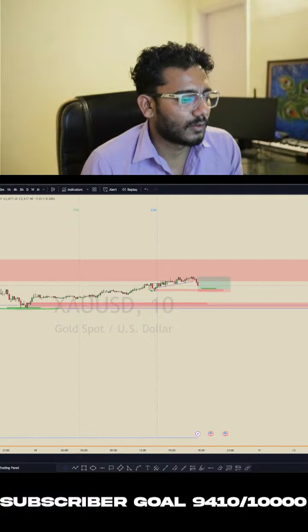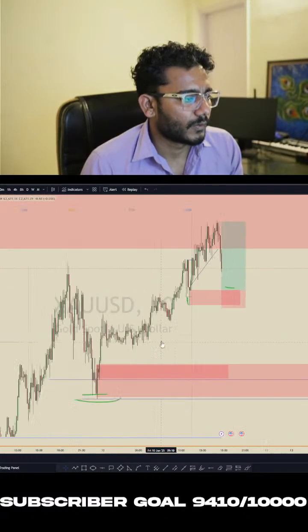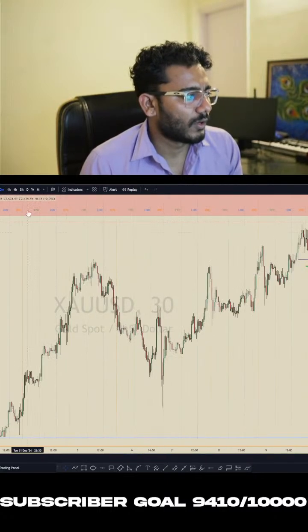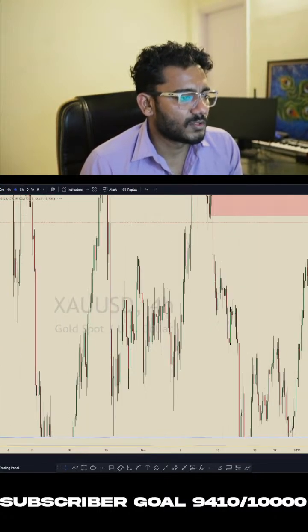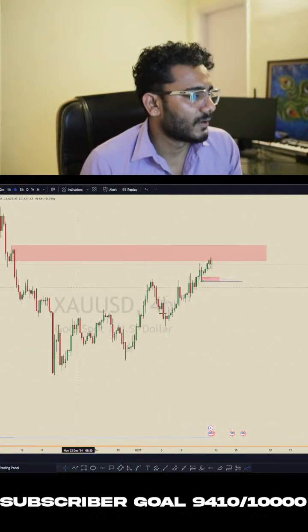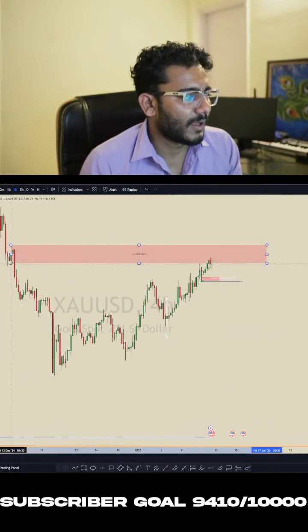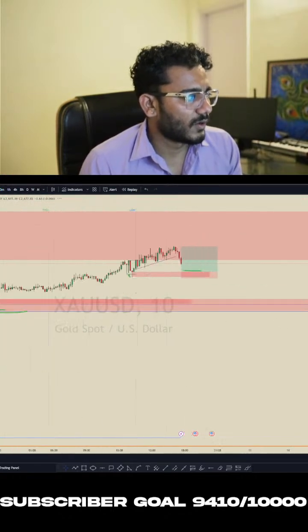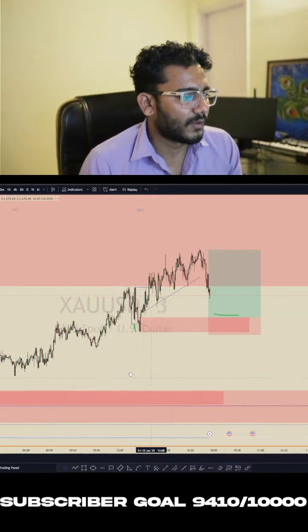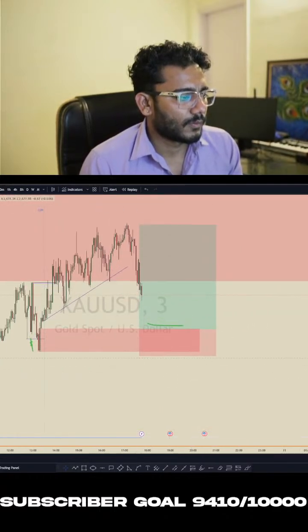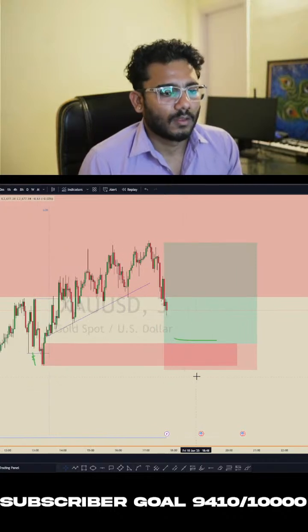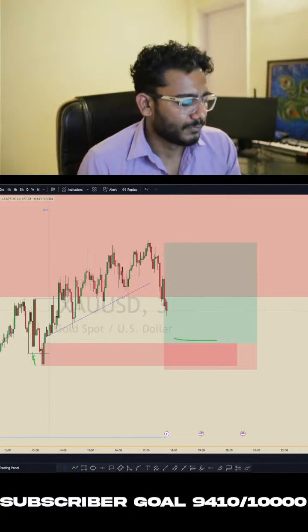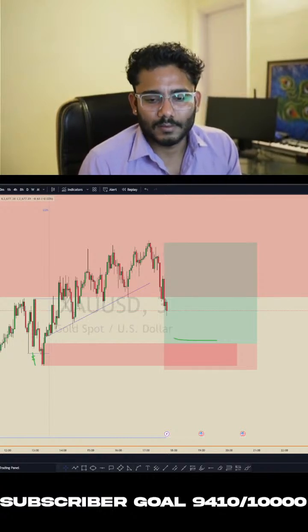So that's why we are risking less compared to what we usually do, because here we know that on higher time frame there is an order block which is not mitigated, which is this one. So price can continue the upside. Right now price has already tapped this order block, so that's why we want to look for confirmation, like at least it should have some kind of engulfing. So there are only two things we can do. The first one is taking confirmation, and second thing is risk management.